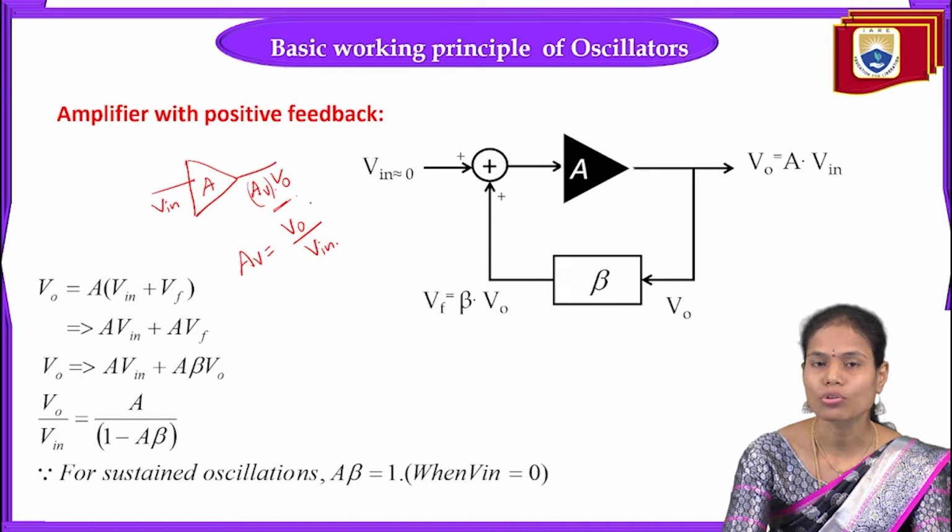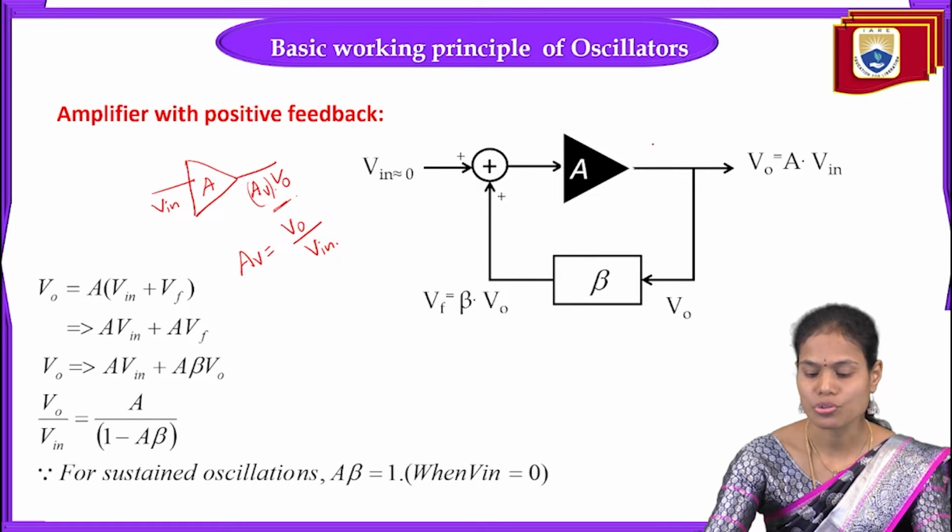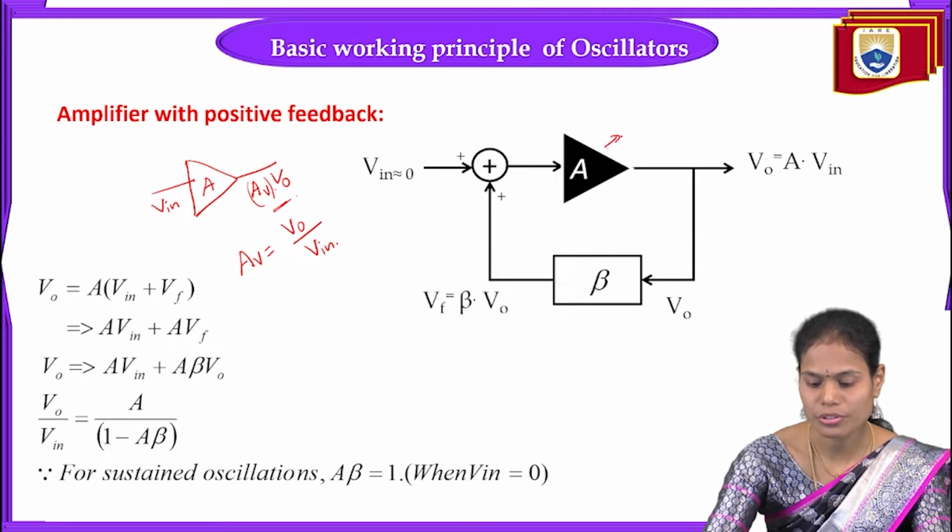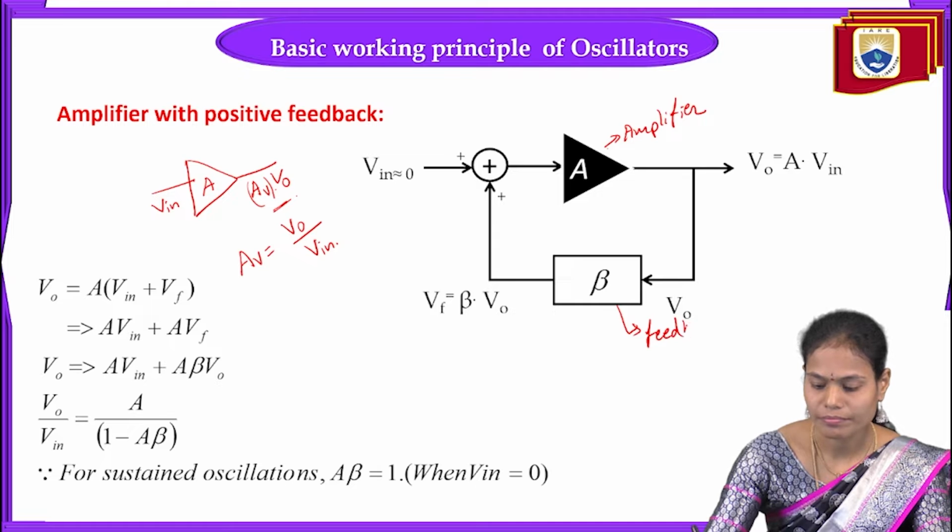But in the case of an oscillator circuit, we have to take some portion of the output voltage and give it to the feedback circuit. The output generated from that feedback circuit is again given back to the input of the amplifier. This is the amplifier circuit and this is the feedback network.